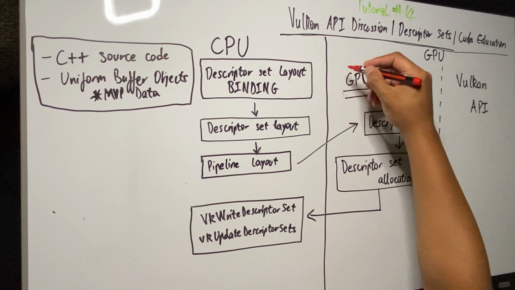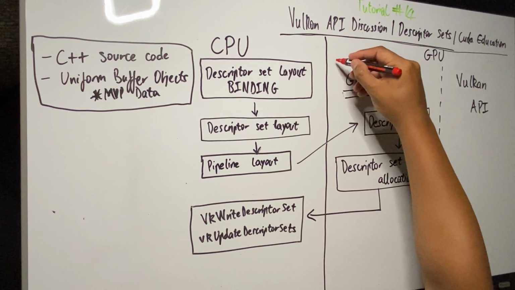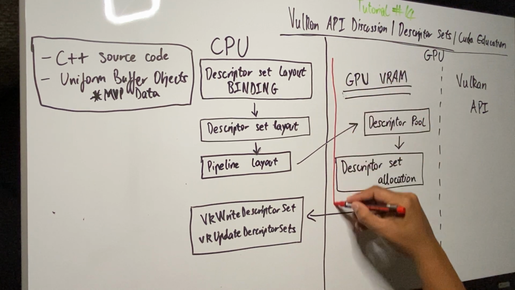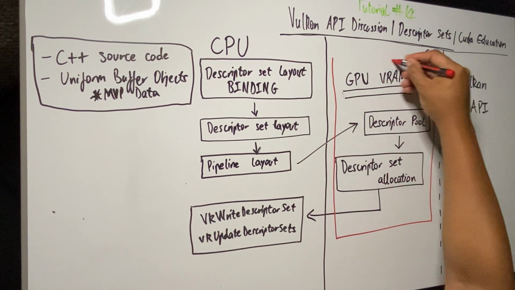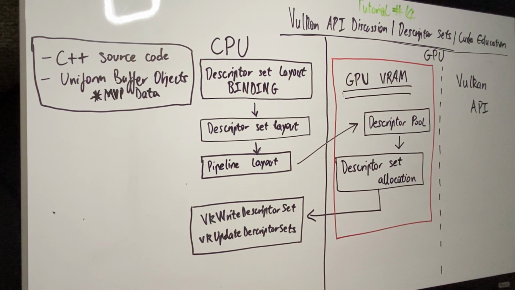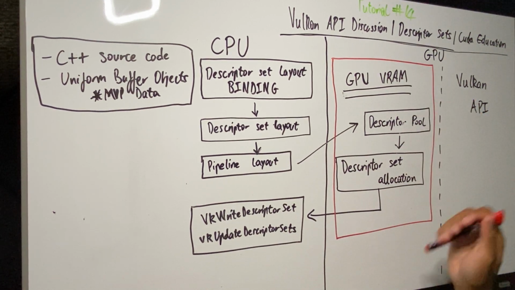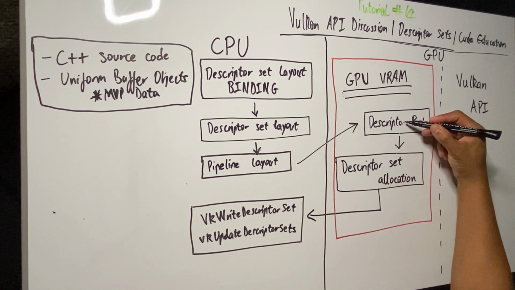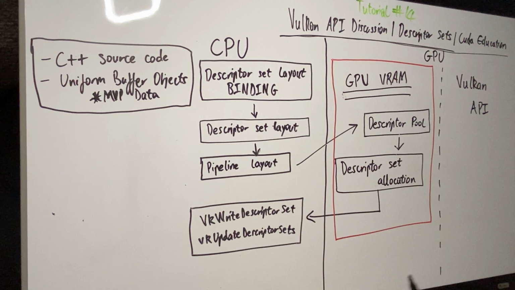So this whole conversation is concerned with GPU video RAM, GPU video memory, GPU video resources, all of that stuff. We start allocating hardware resources for our GPU.